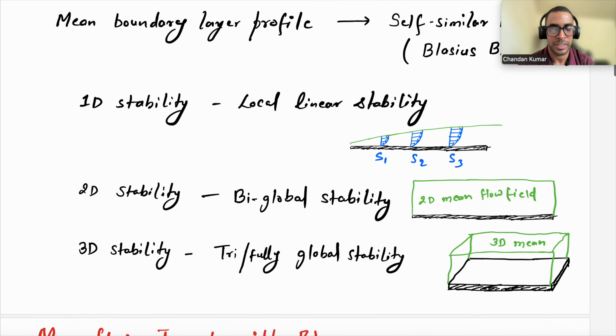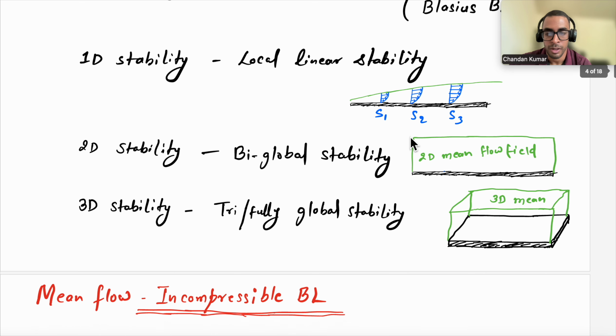Considering 3D, which is also known as tri-global or fully global stability analysis, in this we feed the 3D mean flow, and this is even more expensive compared to 2D. So for now, for this study, we will be solving the local linear stability, where we solve the linear stability problem at individual streamwise locations.